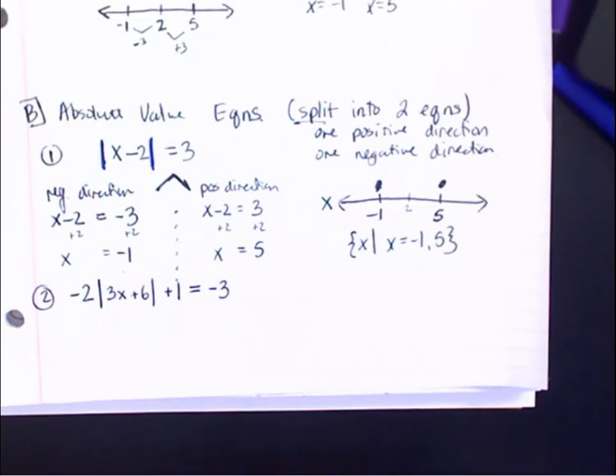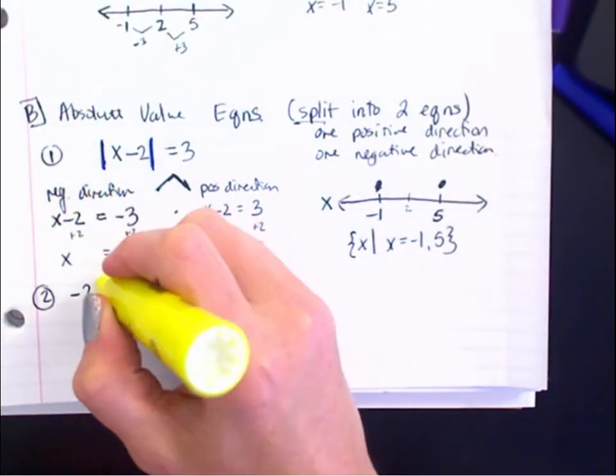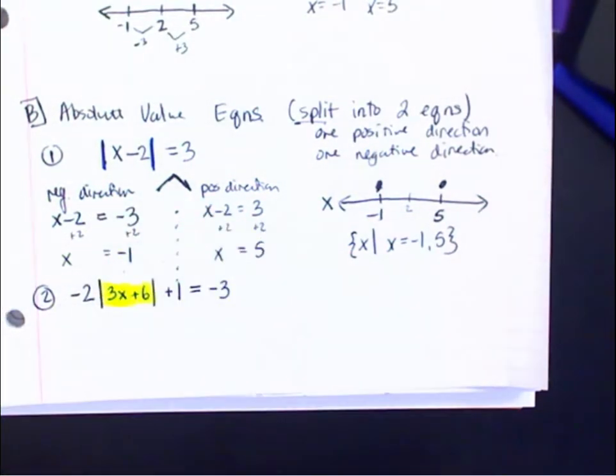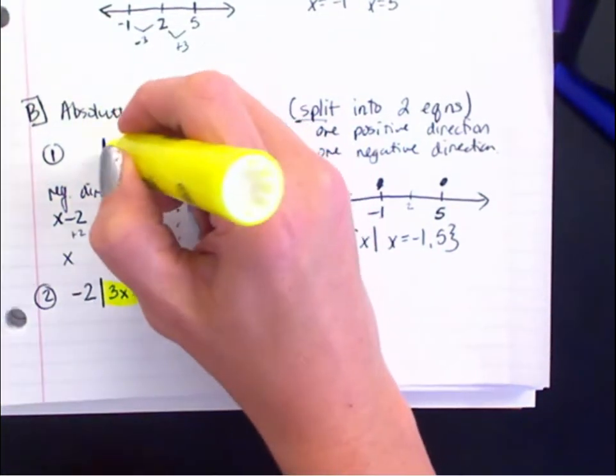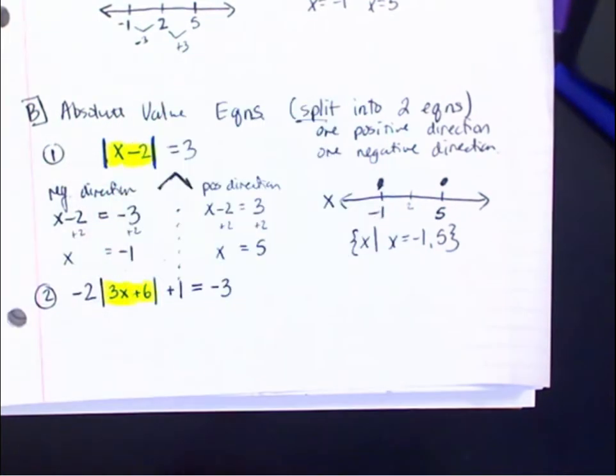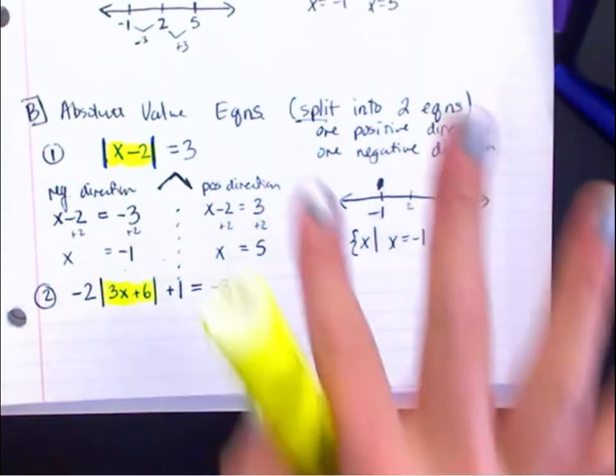It splits into 2 equations. But which portion represents distance? That portion. This is the portion that represents distance. That is the only part that has a positive and a negative that goes with it, not this other stuff.